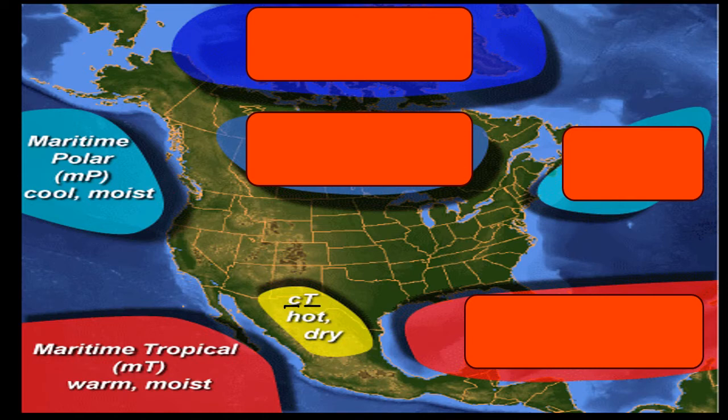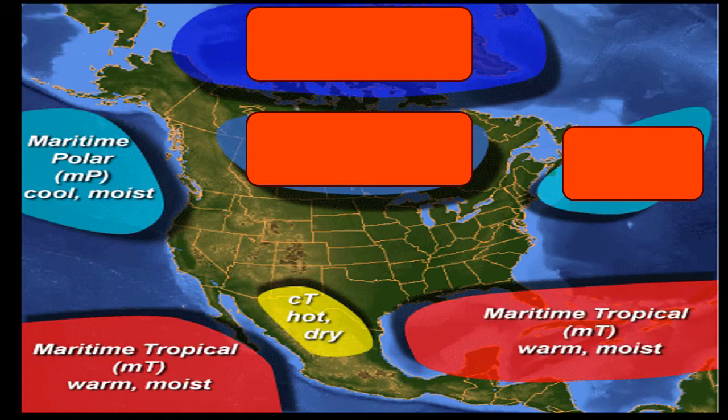Next, we could have a continental tropical air mass, which is hot and dry. You might want to write that in there, that it's continental and tropical. Our next air mass is going to be maritime tropical over here. We can get some maritime tropical air mass over here, which of course would again be warm and moist.